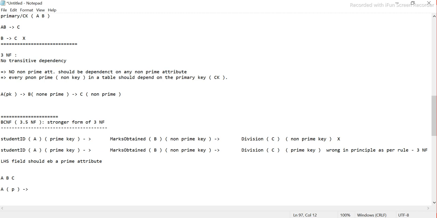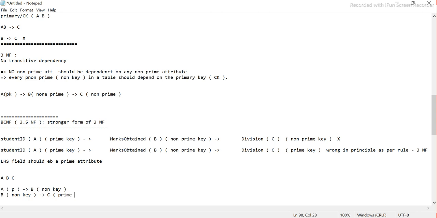B is a non-prime, non-key. Now, B, which is non-key, can be dependent on C, which is prime.